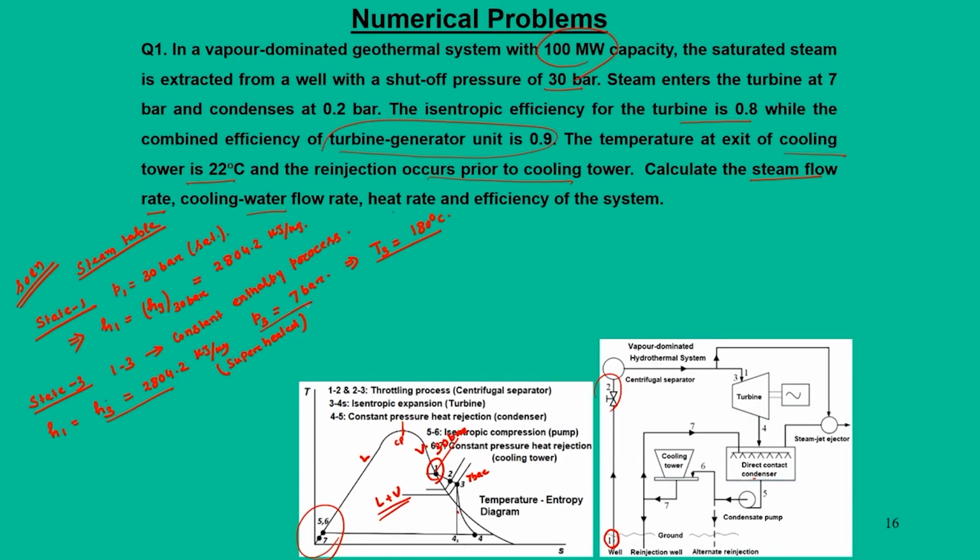for which two data are required, H3 and P3, and we get T3 as this. Okay. And for this pressure, if you take the saturated temperature at 7 bar, this number is 165 degree centigrade. So, we can say the degree of superheat, that means this drop in pressure gives rise to a degree of superheat of about 15 degree centigrade, the difference between these two.